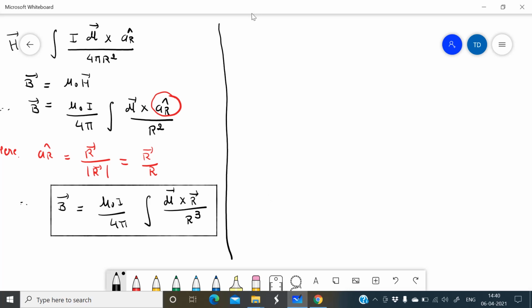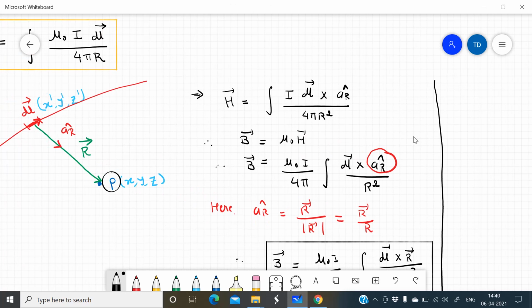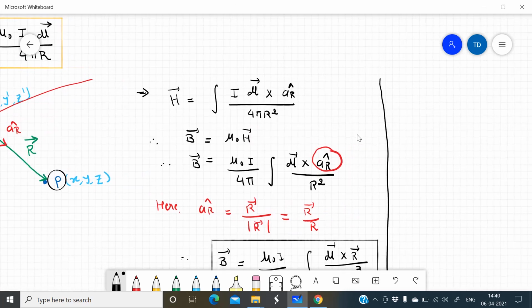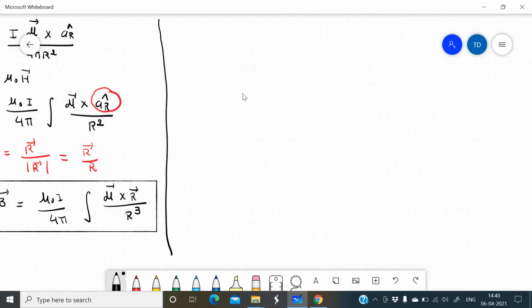Now you can see in this figure, r is a vector between dl and point P. So you have to just write that the r vector is nothing but the vector between point P and dl.